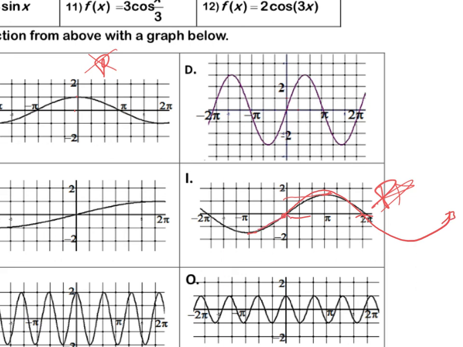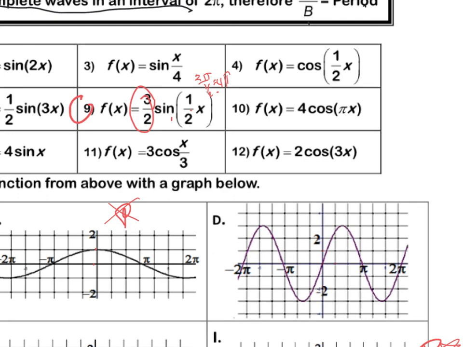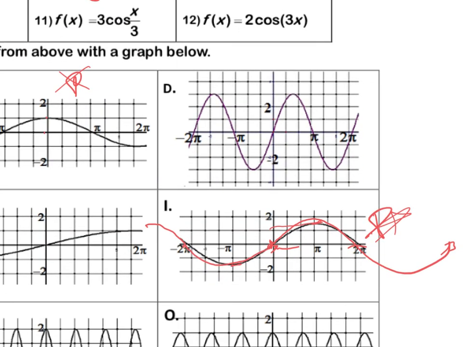If I go to the left, that's half, and then, yeah, you see, that's pi. That's a total of, no, wait a minute. What did I say? It takes 4 pi to make one curve. Yeah, this is 2 pi plus 2 pi, one curve. I can buy that. I think I'm going to go with that.